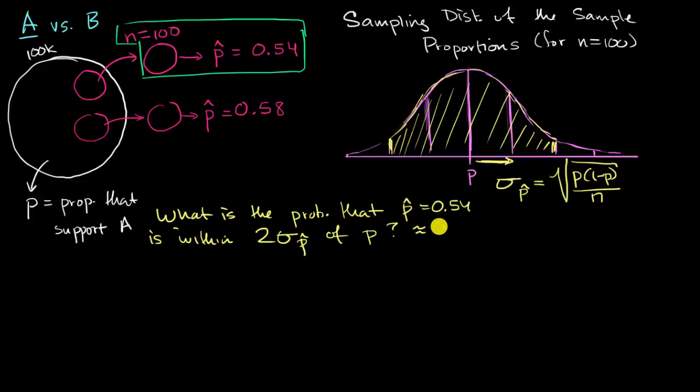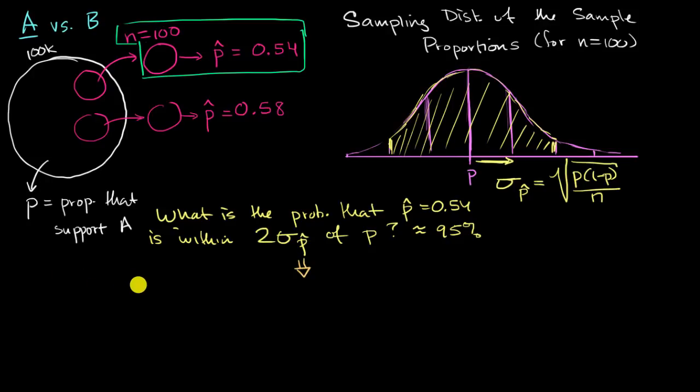So this is approximately 95%. 95% of the time that I take a sample size of 100 and I calculate this sample proportion, I'm going to be within 2 standard deviations. But if you take this statement, you can actually construct another statement that starts to feel a little bit more, I guess we could say, inferential.